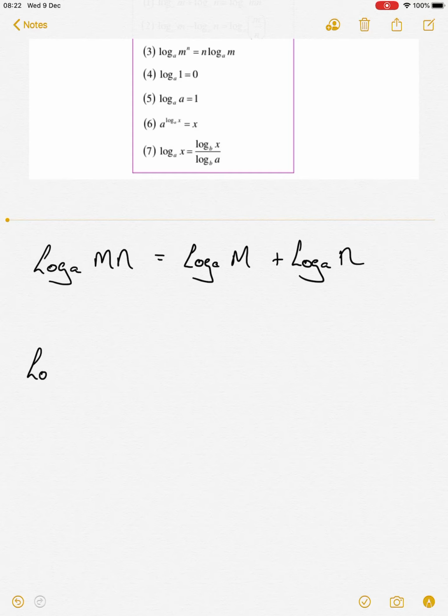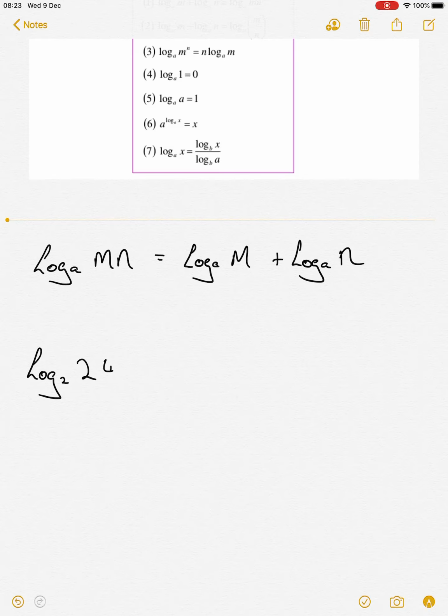If you had log 2 of 24, let me get a number that might work out.